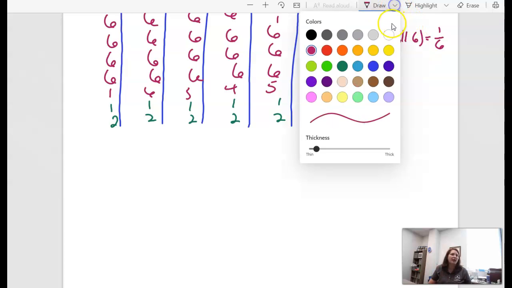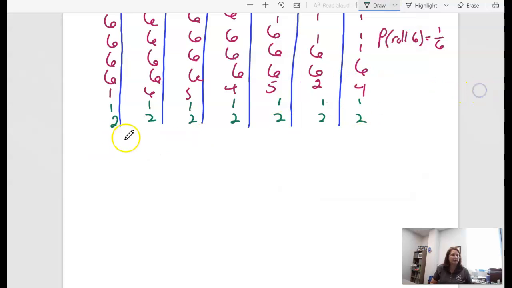But if we look down here, what is the probability of not rolling a 6? Well, the probability of not rolling a 6 is rolling anything else, 1 through 5. So the probability of not rolling a 6 is 5/6.